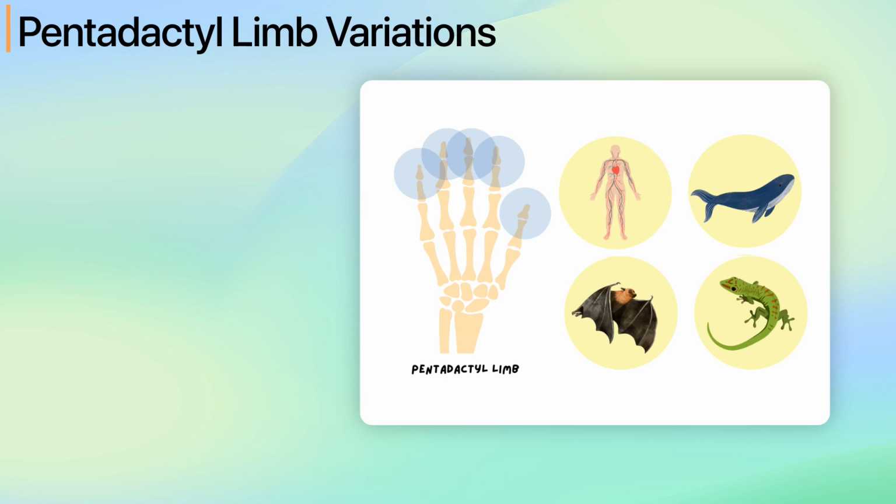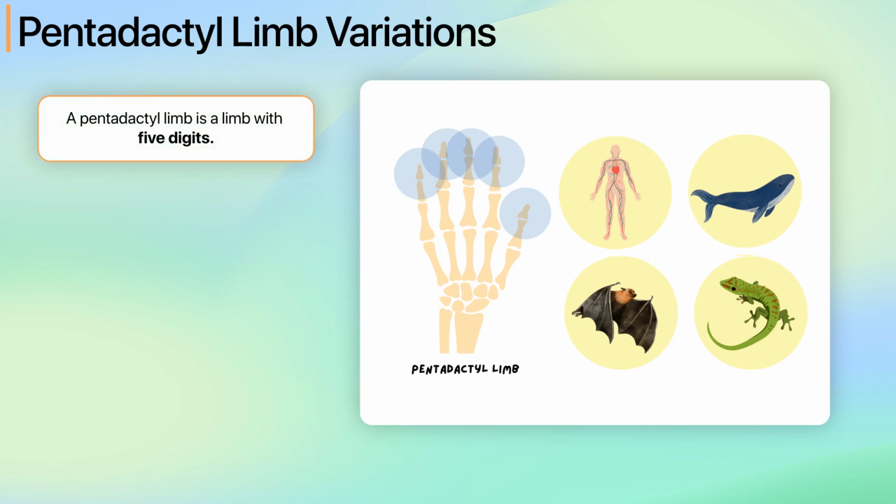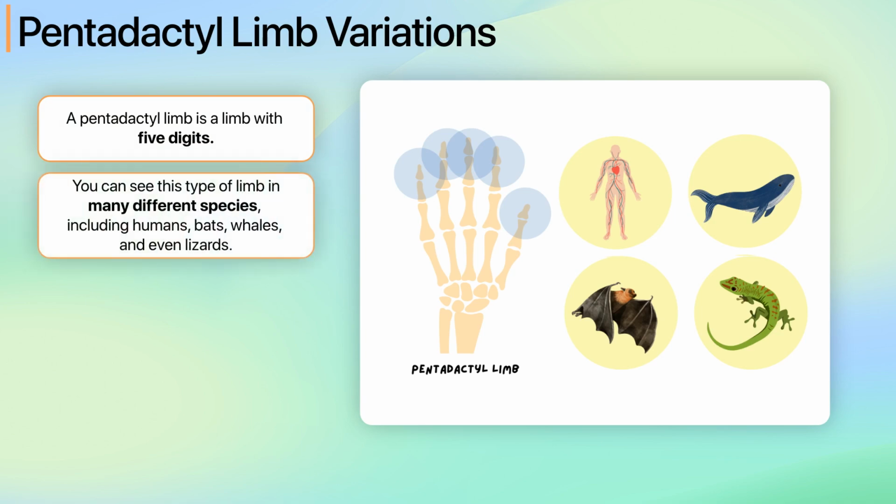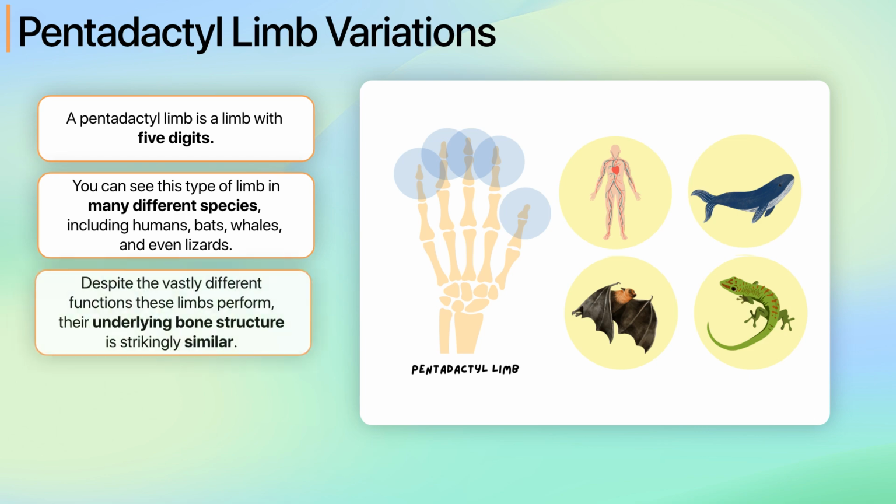Let's start by understanding what the pentadactyl limb is. A pentadactyl limb is a limb with 5 digits. You can see this type of limb in many different species, including humans, bats, whales, and even lizards. Despite the vastly different functions these limbs perform, their underlying bone structure is strikingly similar.